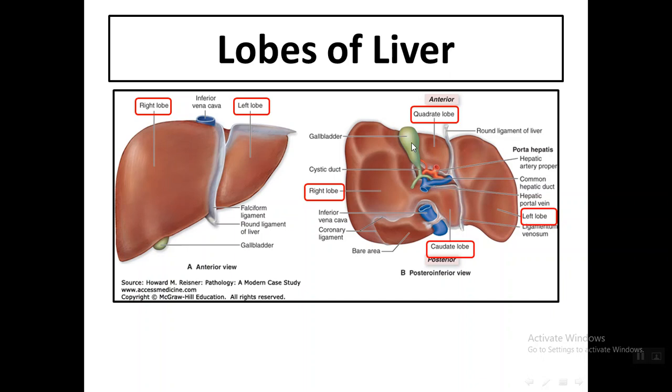On the visceral surface, by the presence of the gallbladder, the inferior vena cava, the fissure for ligamentum venosum, and the fissure for ligamentum teres, and by the presence of the porta hepatis in the middle, it will form an H-shaped boundary that separates the quadrate lobe inferiorly and the caudate lobe superiorly. Functionally, the caudate and the quadrate lobes are regarded as a part of the left lobe.